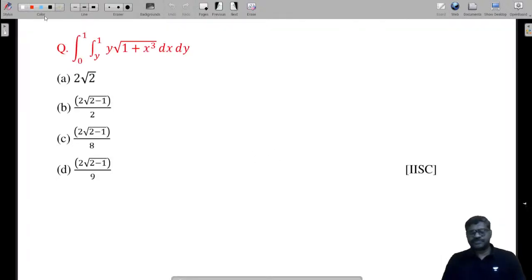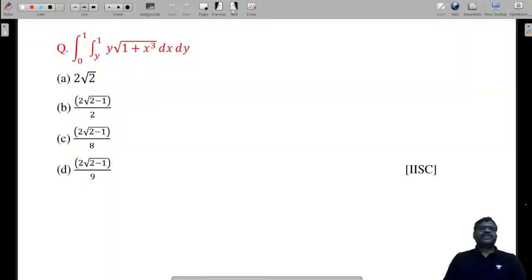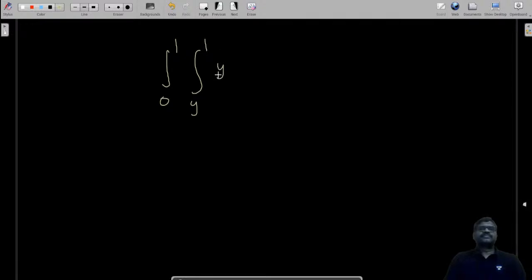Next problem. Integral 0 to 1, y to 1, y into square root of 1 plus x cube dx dy. First we have to integrate with respect to x, but that is not possible.